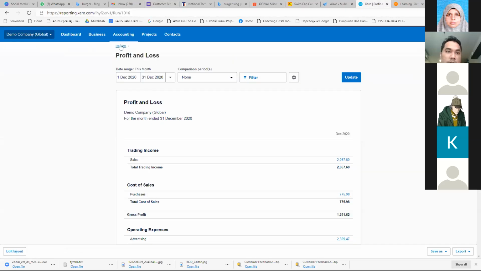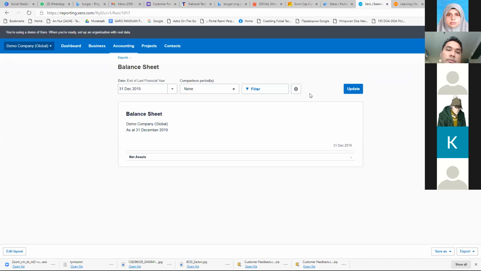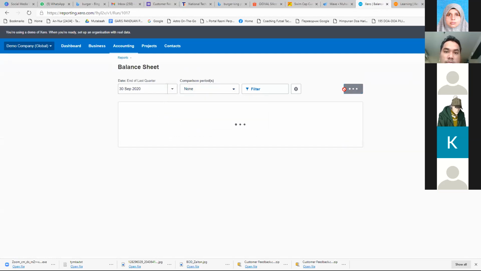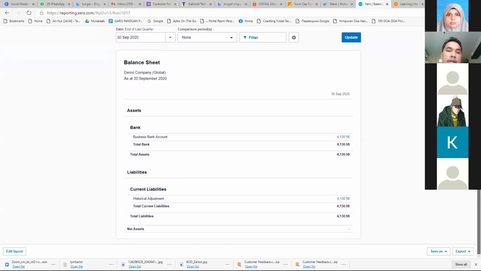Okay, this is a profit and loss. For example, for the balance sheet, see the items of assets, like bank and cash, and the liabilities. See, the total assets equal the total liabilities.